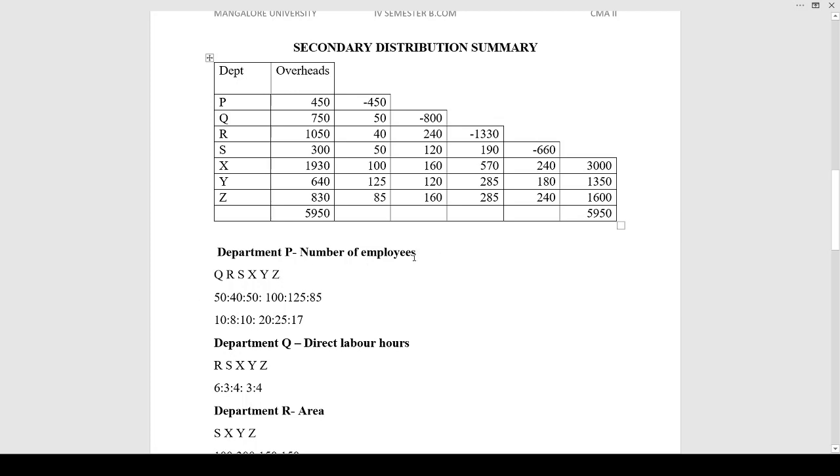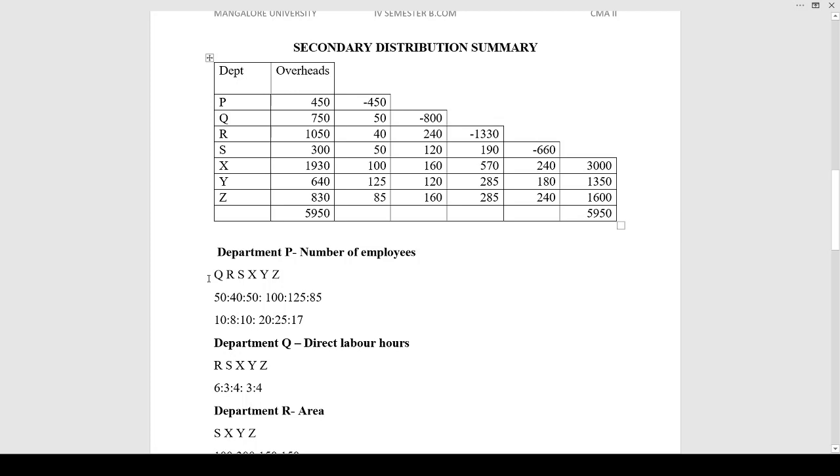and based on number of employees. So you have to be very careful while writing the ratio. It has to be number of employees of Q department 50, R department 40, S department 50, X department 100, then Y department 125, Z department 85.